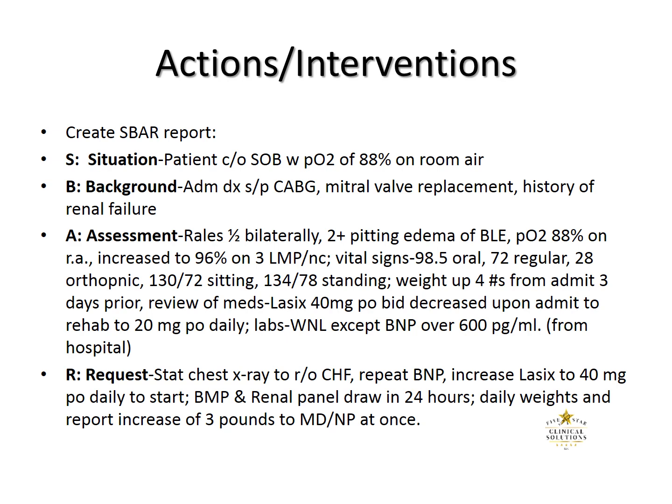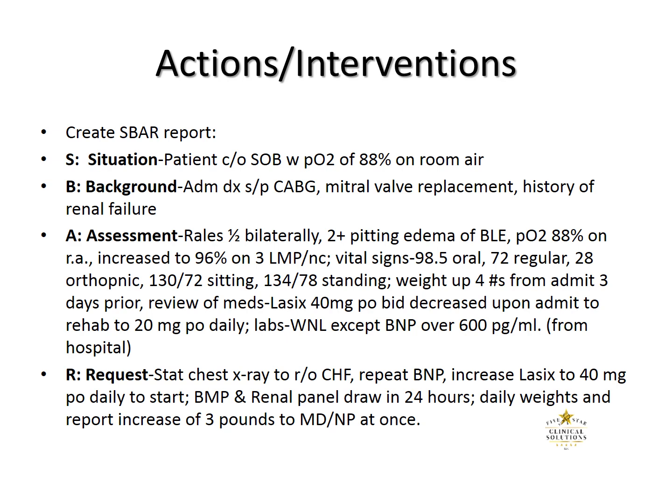The vital signs were 98.5 oral temp, 72 regular heart rate, 28 respiratory rate with orthopnea. Blood pressure was 130/72 sitting, 134/78 standing, and the weight is up 4 pounds from admission 3 days prior. A review of the medications indicates that Lasix 40 milligrams BID was decreased upon admission to the rehab facility to 20 milligrams PO daily.